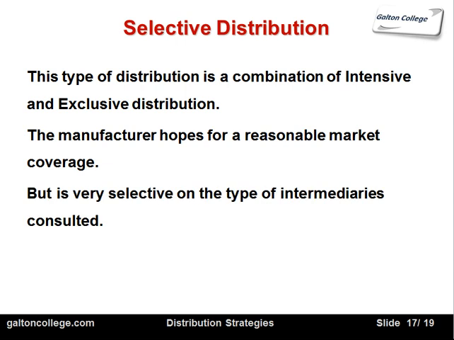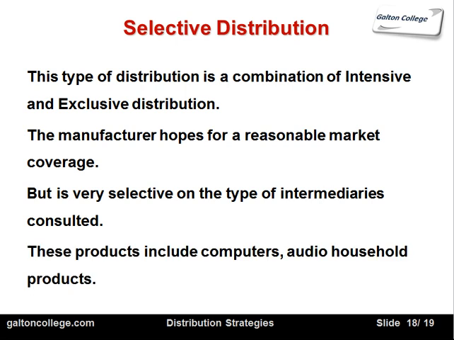It's very selective on the type of intermediaries consulted, so it doesn't put the product with all intermediaries, it just puts the product with some intermediaries, ones who have an established history in marketing that type of product, and who have similar views regarding marketing to the business itself. So it could include computers, audio, household products, and that sort of product.